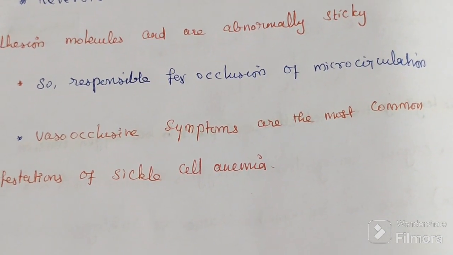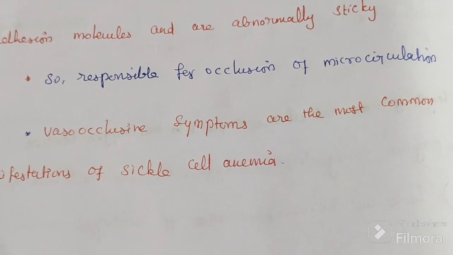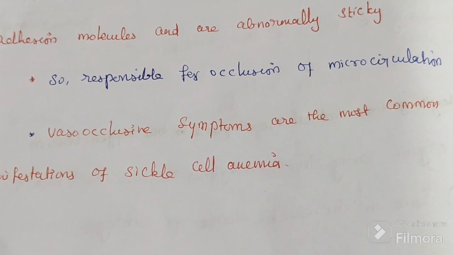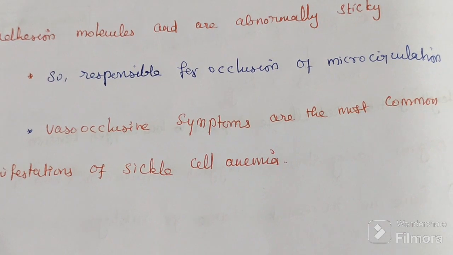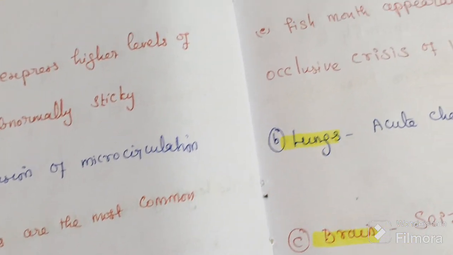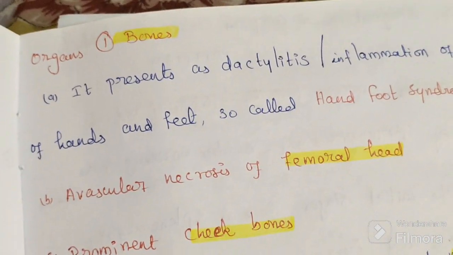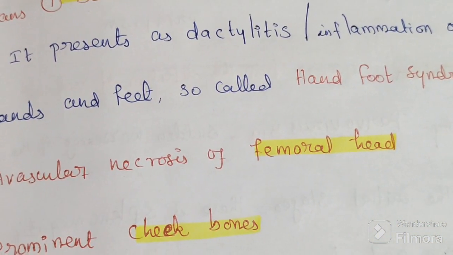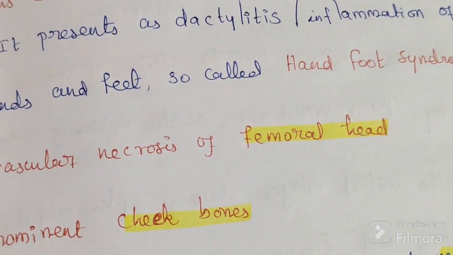Next, the names of the organs in which this vaso-occlusive phenomenon takes place. Most commonly, it takes place in bone.